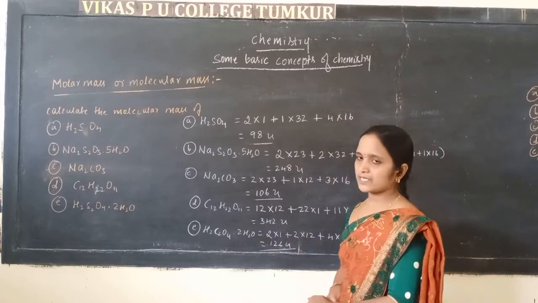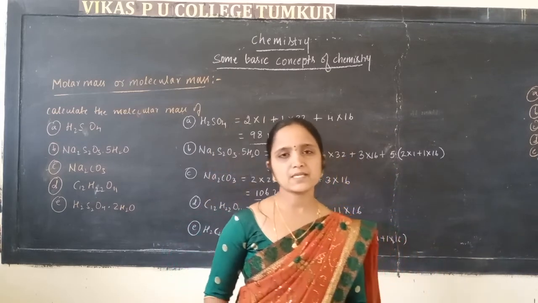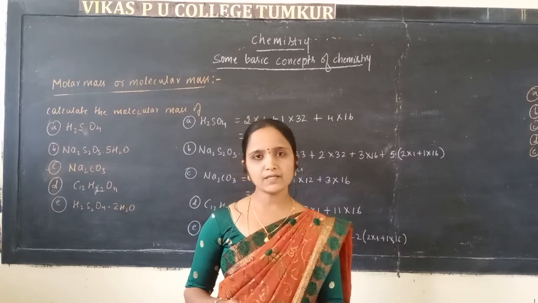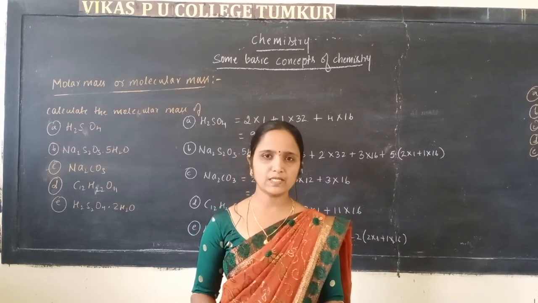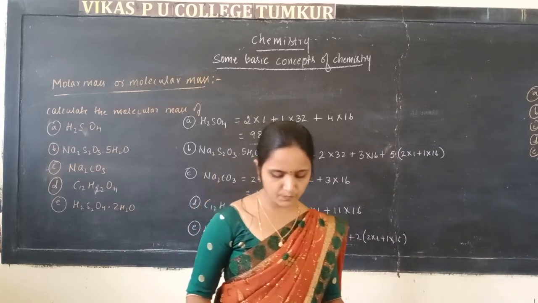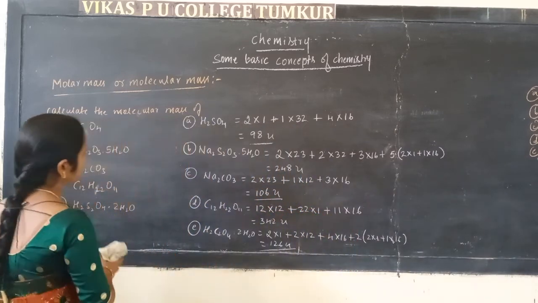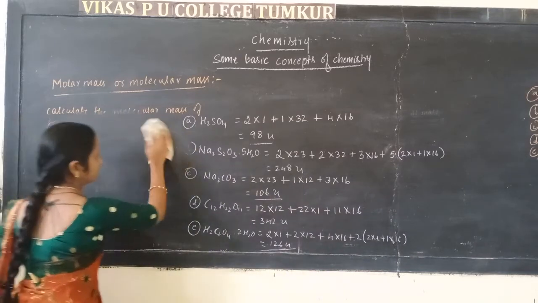If in the exam they give it in a different way, for example, calculate the mass of 2.5 gram molecules of CO2, at that time how do we calculate? We'll see now.